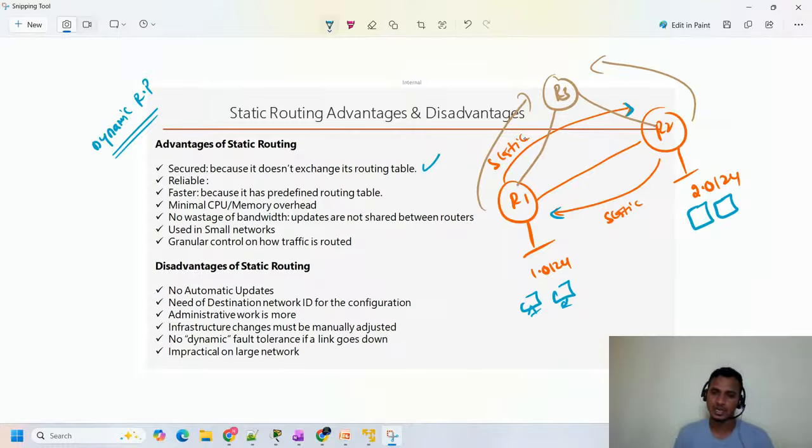If I don't configure the route towards R3, it will not become my neighbor. Only R2 will, because I already configured the route towards R2, and since R2 has a route towards R1, we both can communicate.